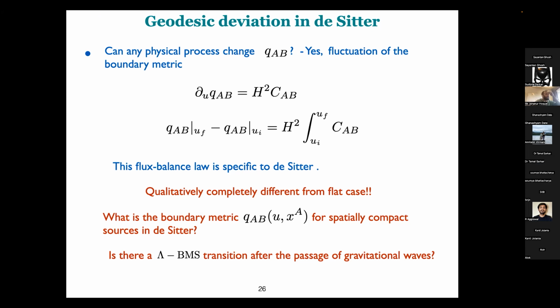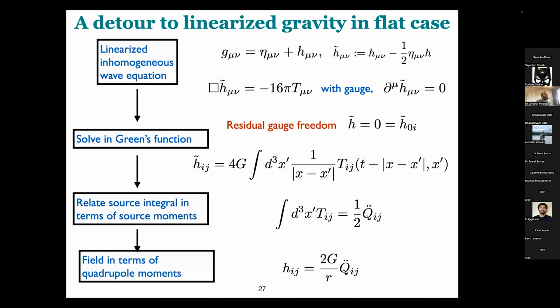So you ask how your boundary metric QAB can be related to some source dynamics in de Sitter, just like some spatially compact source. You do the same analysis as in textbook GR. You take the linearized field, write it in terms of a wave equation, and try to solve the wave equation using Green's function.